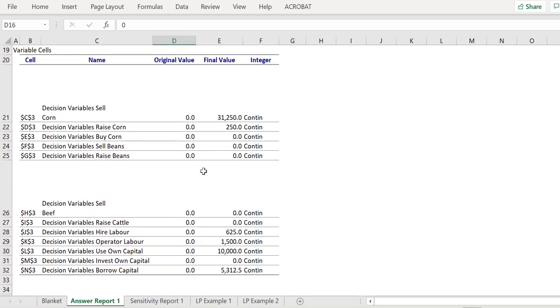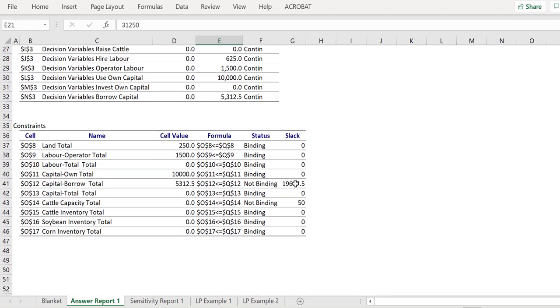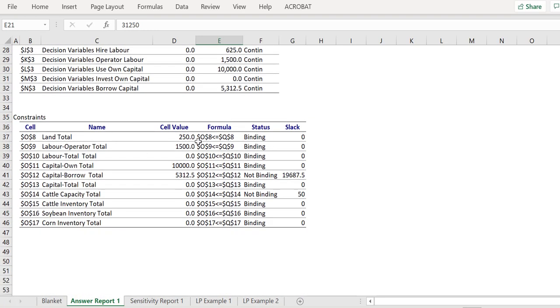We also have the decision variables here. The original values are all 0 because I didn't provide any, and Excel just assumed they are zeros. Those are the decision variables. So this is acres of corn used to grow corn. We also have some information about the constraints. We know some constraints are binding, and two of them are not binding here.